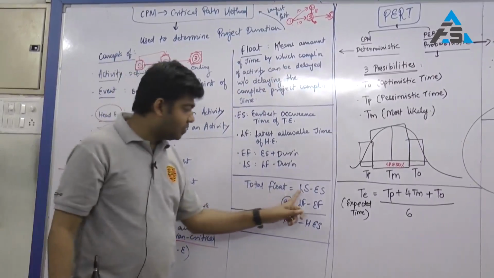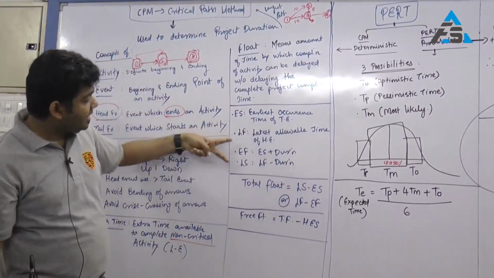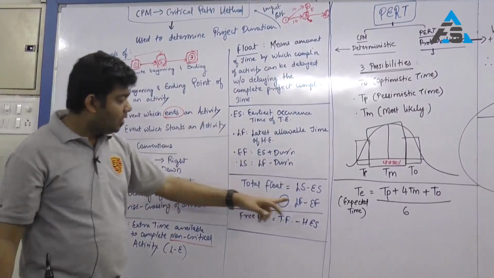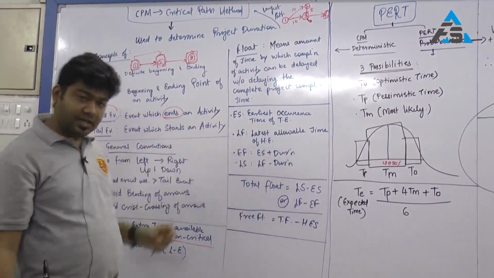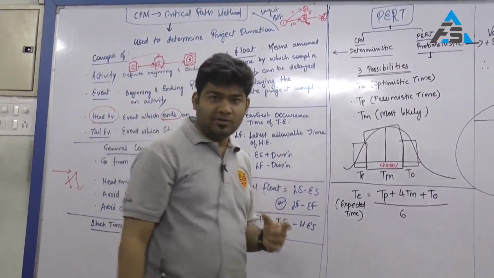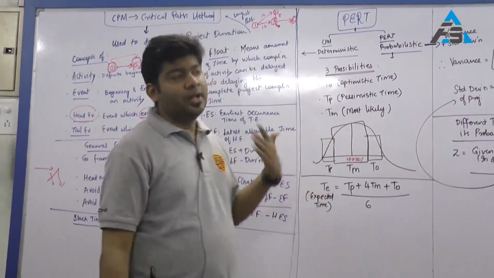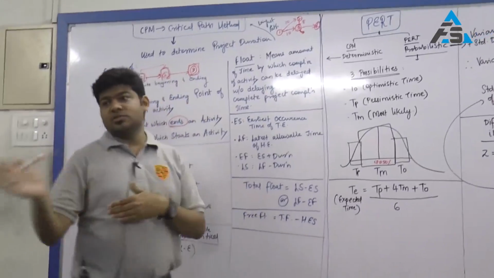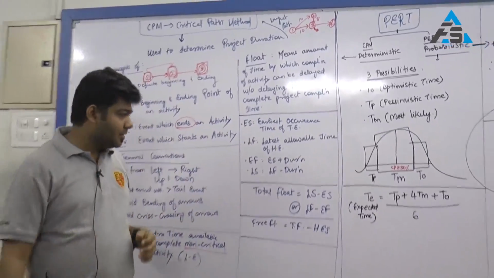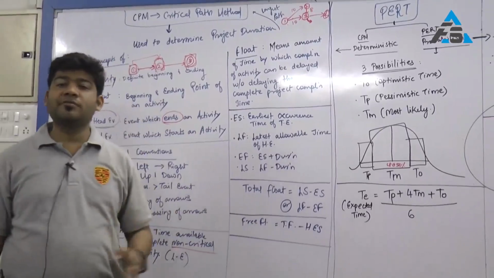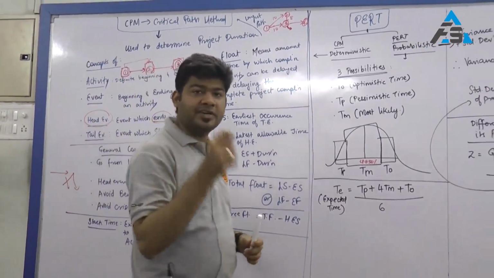Then comes total float, which is LS minus ES, a pure calculation here, LS minus ES or LF minus EF. I have already explained total float is the extra duration that a non-critical activity will have so that the project is not delayed and everything can still be completed on time. Ensure that total float for critical activities will always be 0.